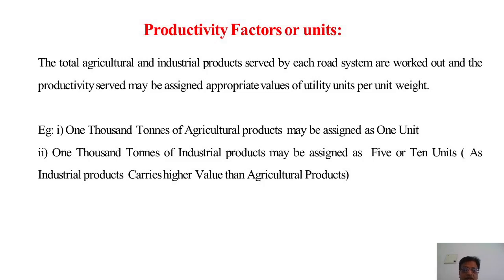1000 tons of industrial products may be assumed as 5 or 10 units, because industrial products carry a higher value than agricultural products.